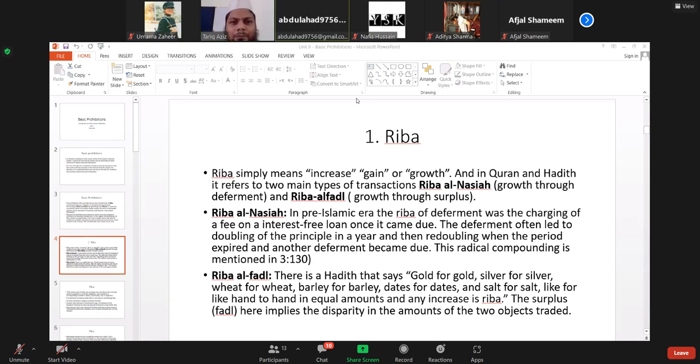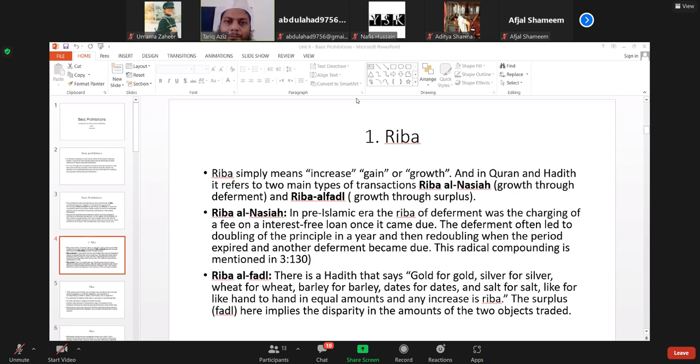Sir, please explain riba al fazl. The question of riba al fazl is relevant in sales transactions. If I am giving you gold, and in return you are also giving me gold, there are two conditions: the transaction should be on the spot, and the same quantity and quality should be exchanged.